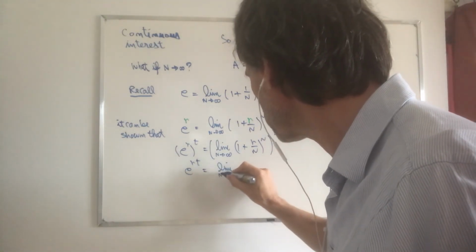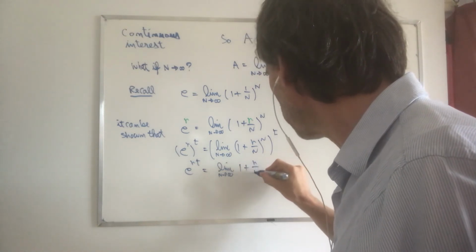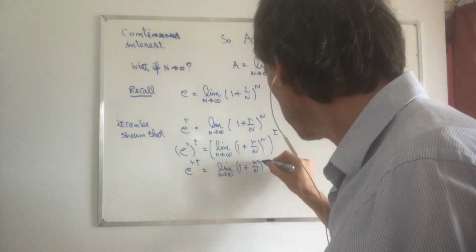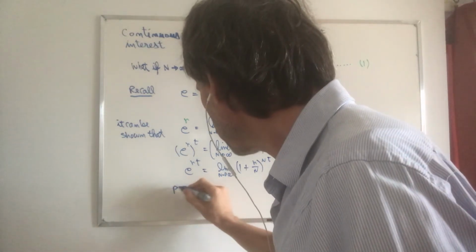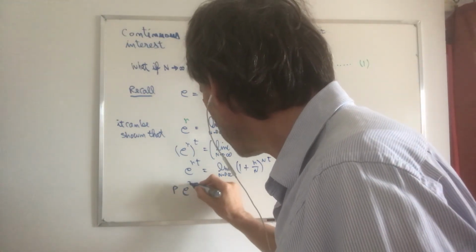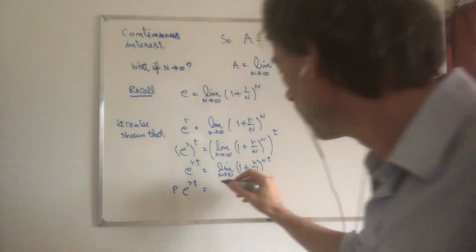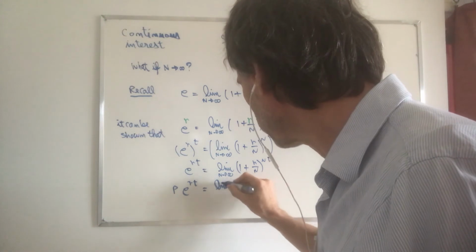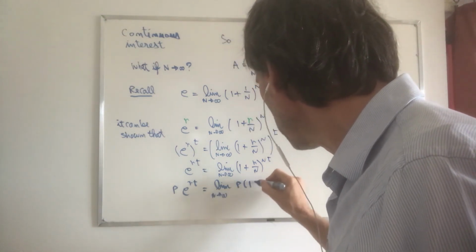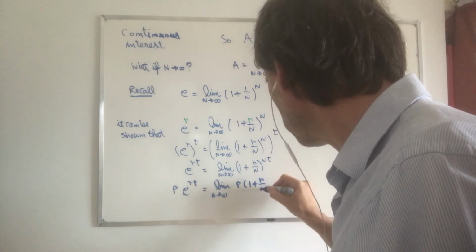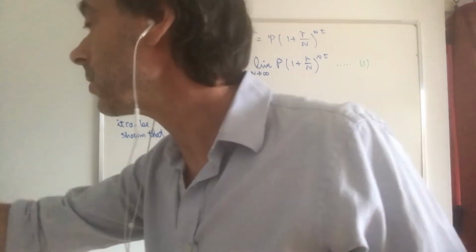This is the limit as n goes to infinity of (1 + r/n) to the power of nt. Now I'm going to multiply both sides by P. So P e to the rt. And instead of having the P in front of the limit, I am going to use one of the rules of the limits to bring it inside. P(1 + r/n) to the nt. And I'm going to call this equation 2.